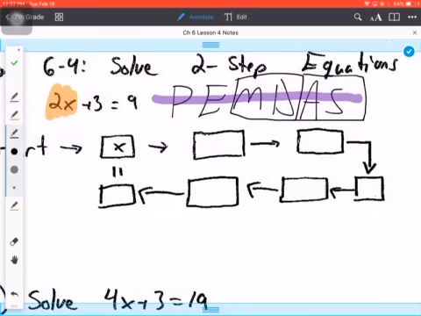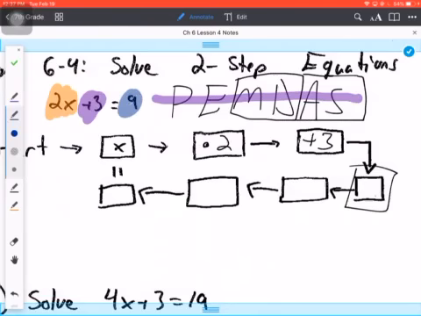We're actually multiplying by 2, so I'm going to put a times 2 in there. There is no division. There is addition though, right here, a plus 3. So I'm going to put a plus 3. And then in this area right here, I'm going to put 9.